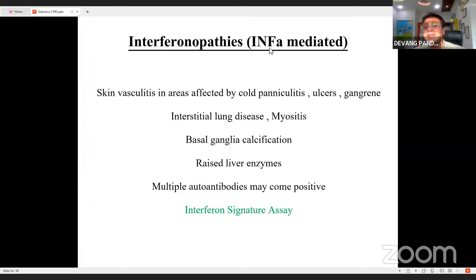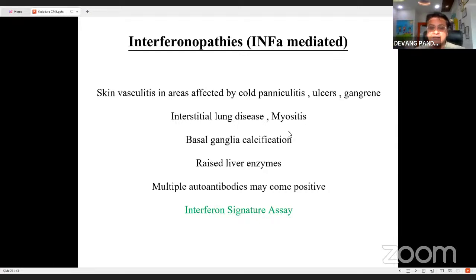Now the others are interferon alpha mediated, known as interferonopathy, and these features are common amongst all interferonopathies. If you have a skin vasculitis, basically on the tips of the fingers, because of exposure to the cold, like panniculitis or redness or vasculitic ulcers, gangrene, even up to auto-amputations, you have to suspect interferonopathy.